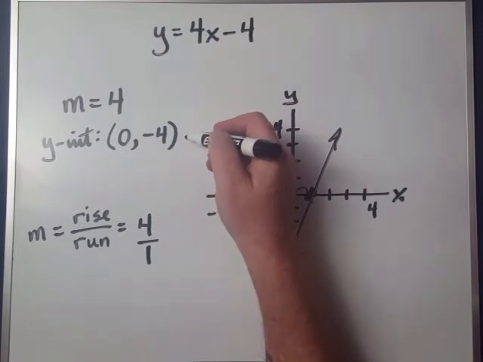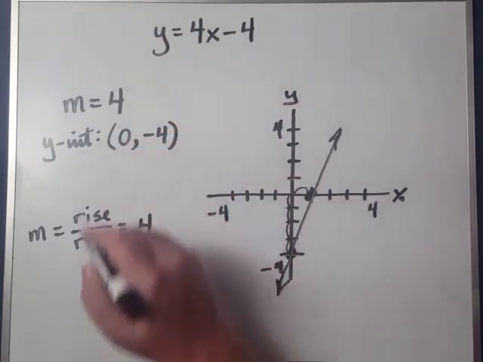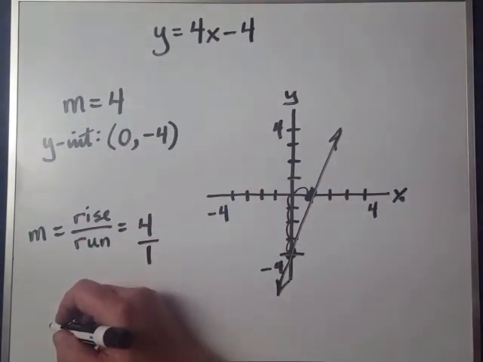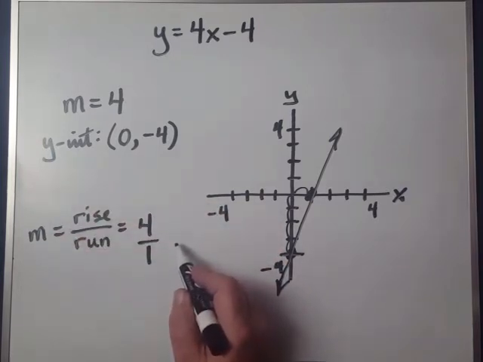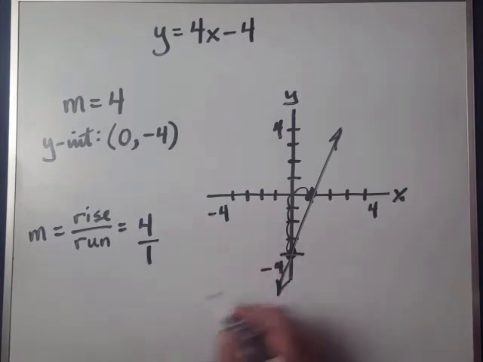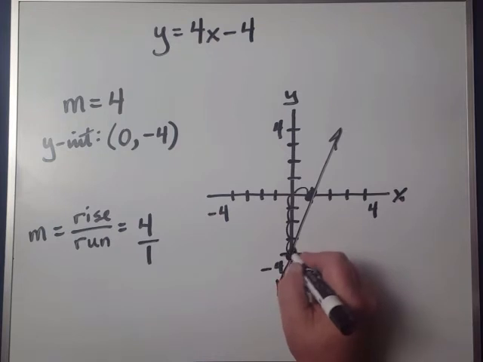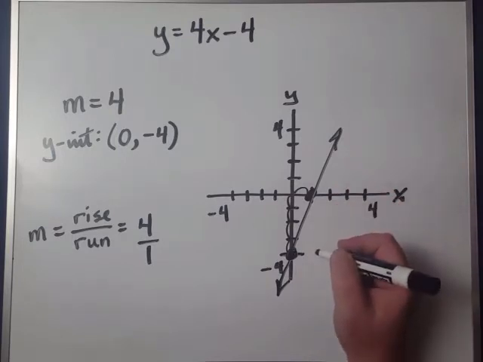Step 3, identify the slope. We did that. She goes on to say, use the geometric interpretation of slope, which is rise over run, what we did down here, to find another point on the graph by counting your up and over from this one point that we have, which is our y-intercept. And then step 4, of course, join the 2 points with a line.